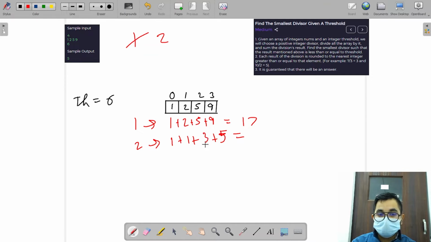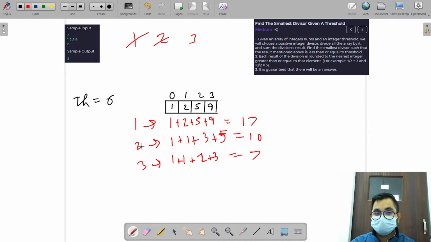Okay, so 8 and 10. So it's not possible. Let's increase our divisor. So 3: 1, 1 and 1. No, not 1, 2 and 3. Plus equals 5, 7. It is still greater than the threshold.